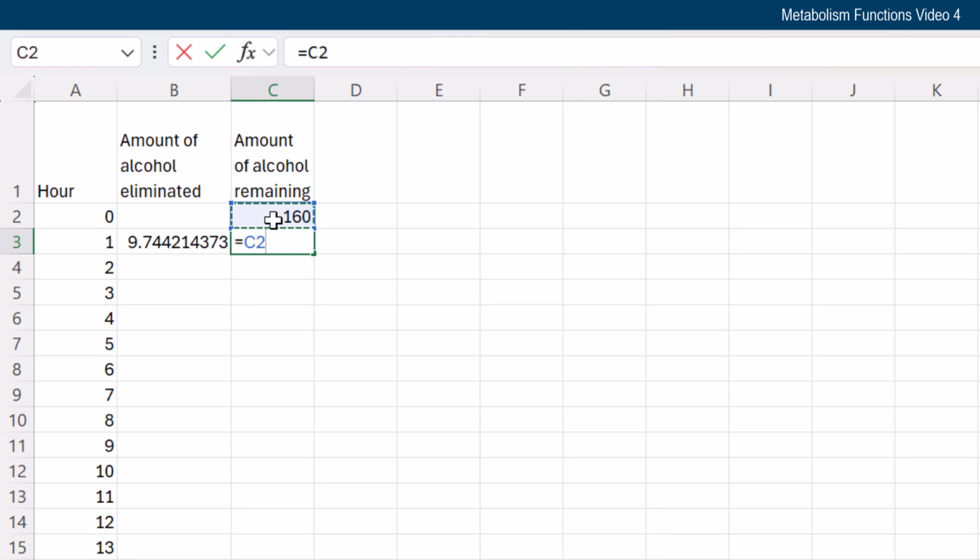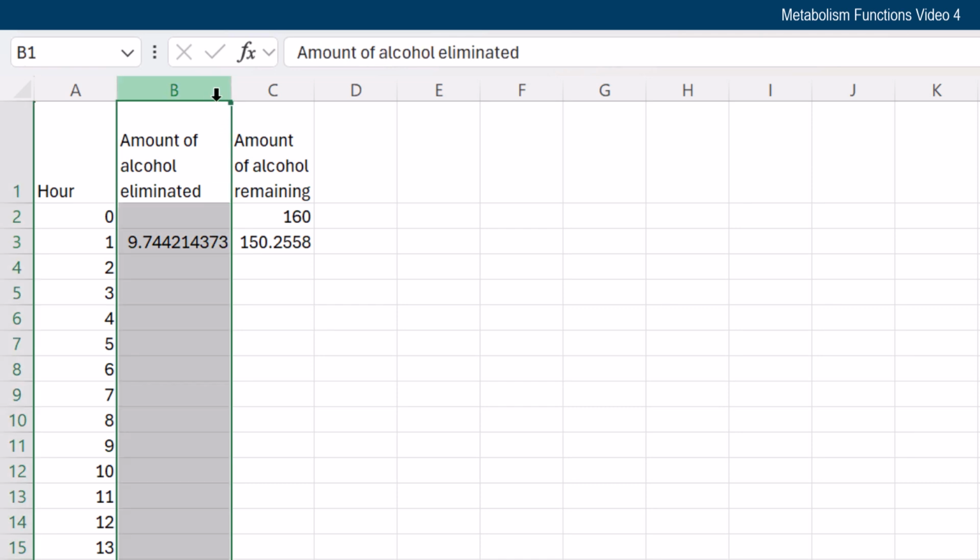So we're going to click on the cell that represents 160 minus the amount of alcohol eliminated. So this is what your formula should look like, equals C2 minus B3. And then hit enter. And so then the process is that we had 160, we minus 9.7, giving us the 150. Okay, we're going to scroll each of those formulas down.